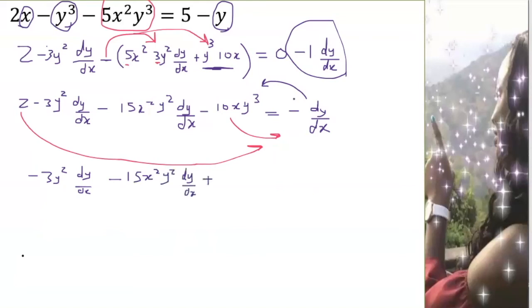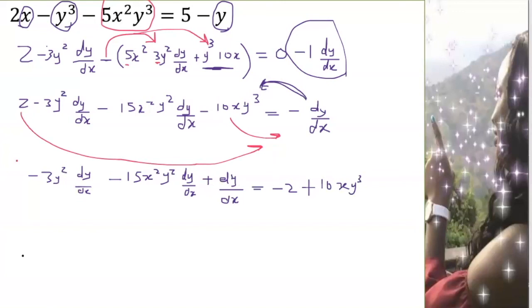Plus, because I'm carrying this over the equal sign, so it will be plus dy over dx. Is equal to, the 2 will become minus 2, and the minus 10xy cubed will become positive 10xy cubed.